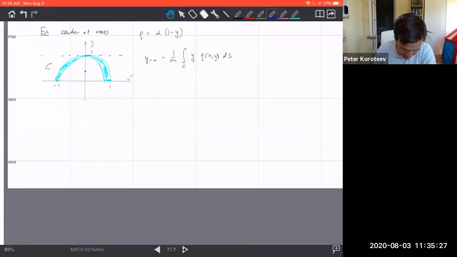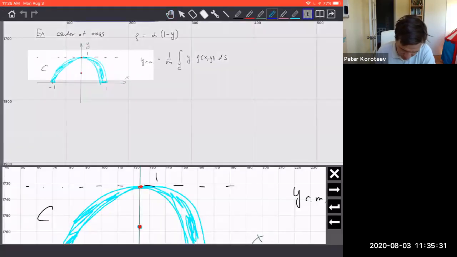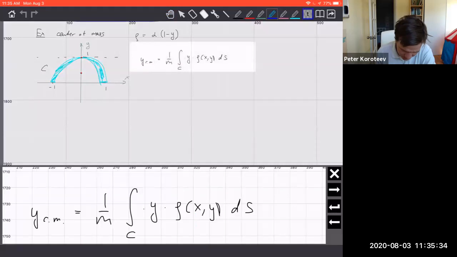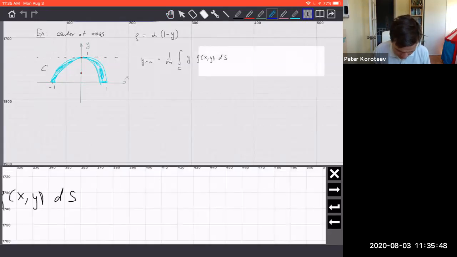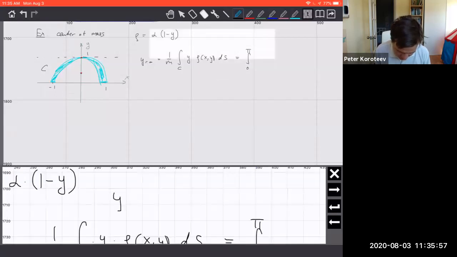Okay, so let's find the center of mass of this shape. We need to integrate over the curve the function y multiplied by rho of x and y, ds, which is equal to the integral from 0 to pi, where y was equal to sine t.